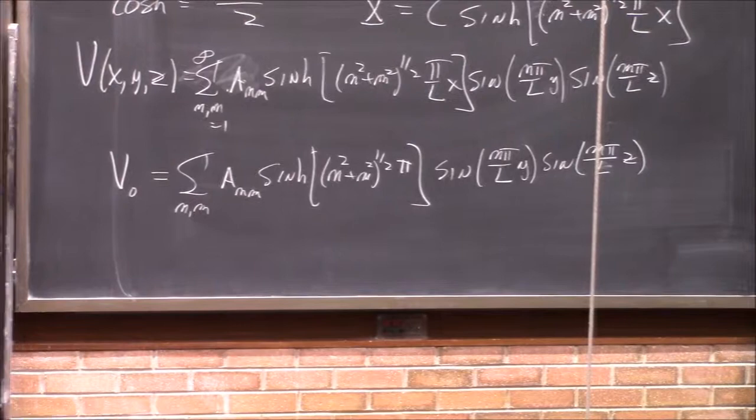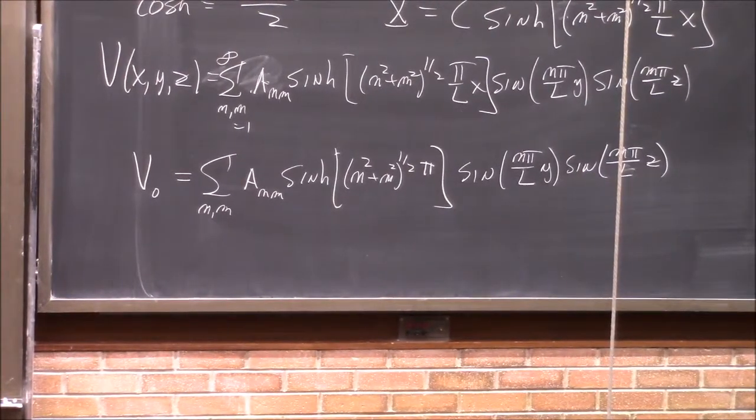So, question is, how can we choose a_nm to make that true?